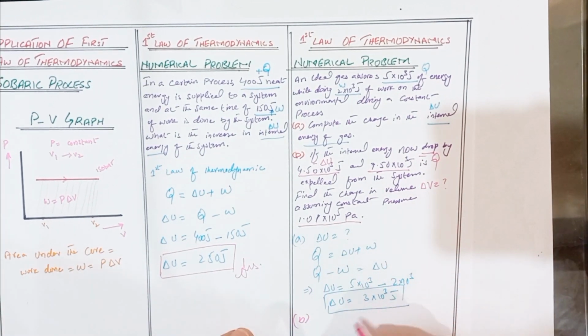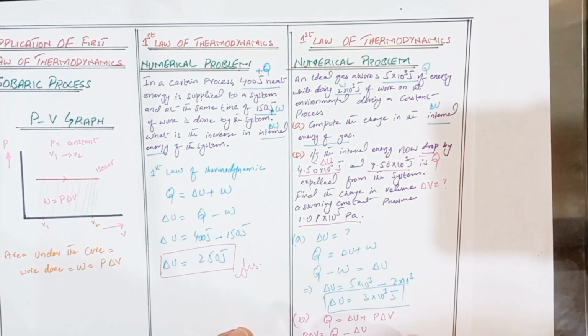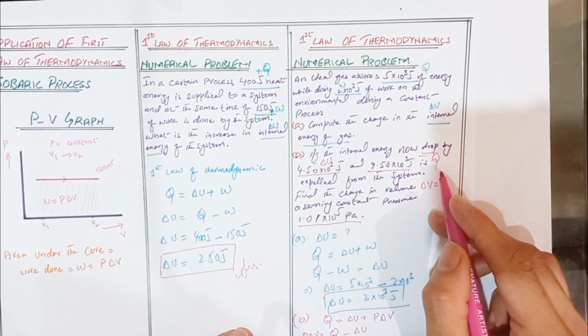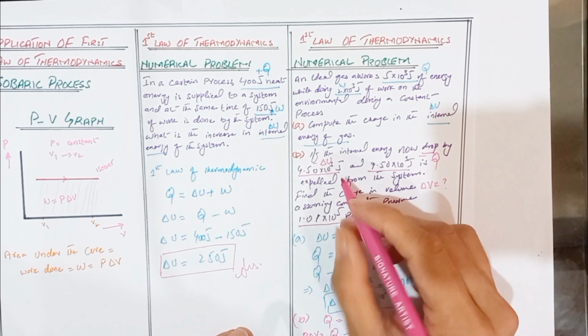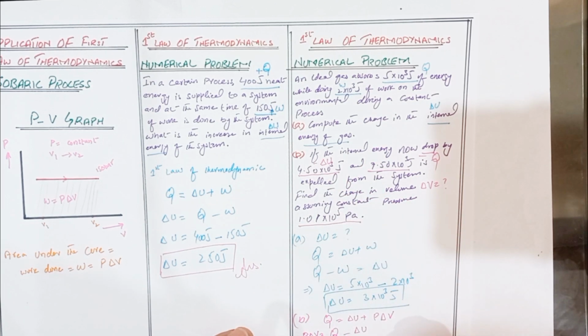We find the change in volume at constant pressure, which is given. So here we write the formula for constant pressure, that is Q is equal to ΔU plus PΔV. So PΔV is equal to Q minus ΔU. Q is minus 7.50×10^3, minus because it is expelled from the system, and internal energy also is decreased by 4.50×10^3 joule.